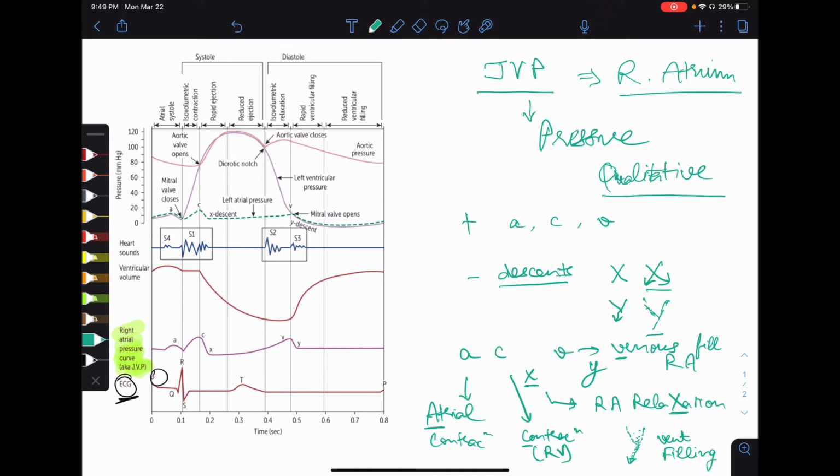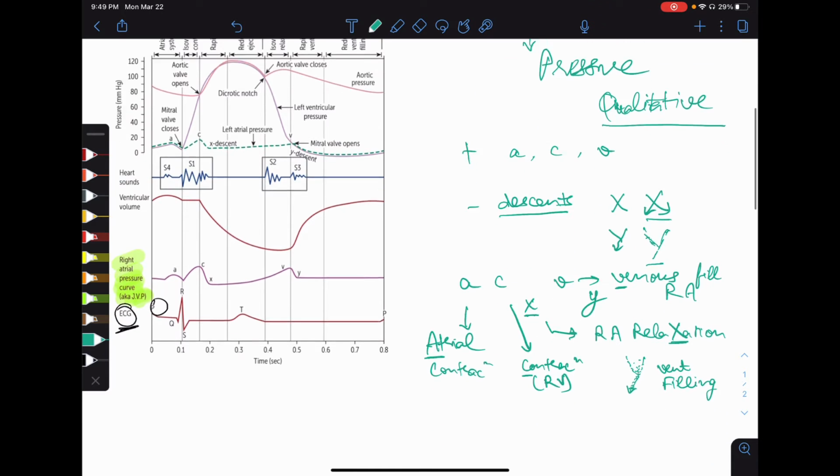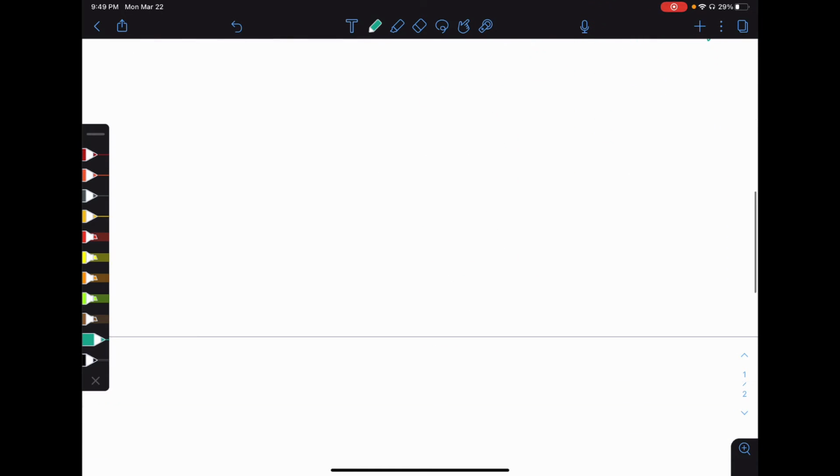Now let me divide these waves and the descents into systole and diastole. You know that the cardiac cycle is 0.8 seconds. Of this, diastole has the main time, systole has less time.